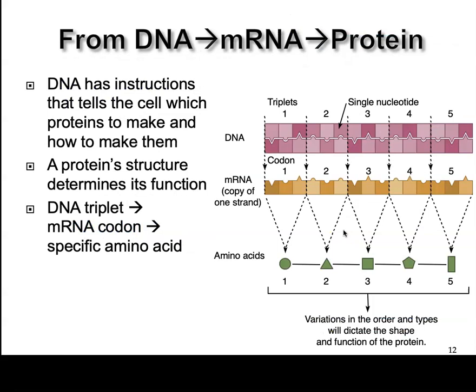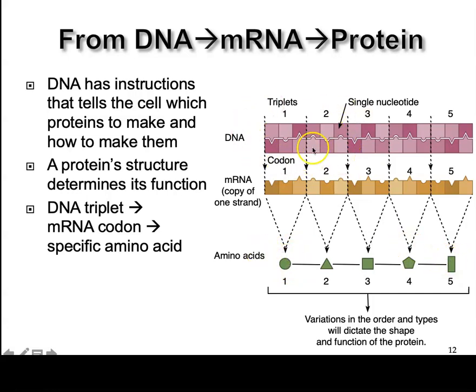This is showing you the relationship between the DNA, the RNA, and protein. So the DNA triplets, 3 nucleotides, are going to correspond on RNA. So 3 nucleotides make up a codon, and then that will correspond to a specific amino acid. This is how you get the protein in the end.